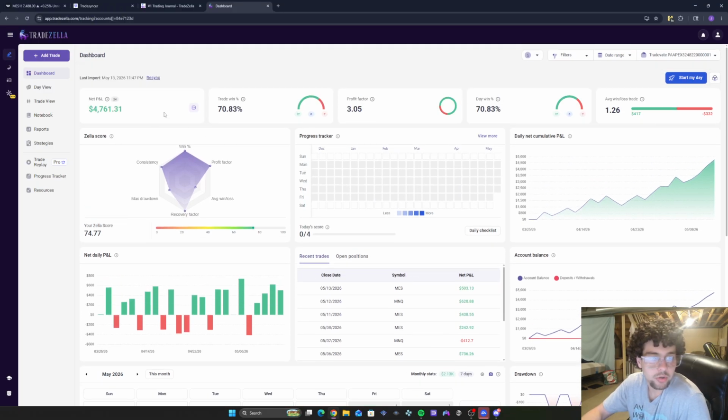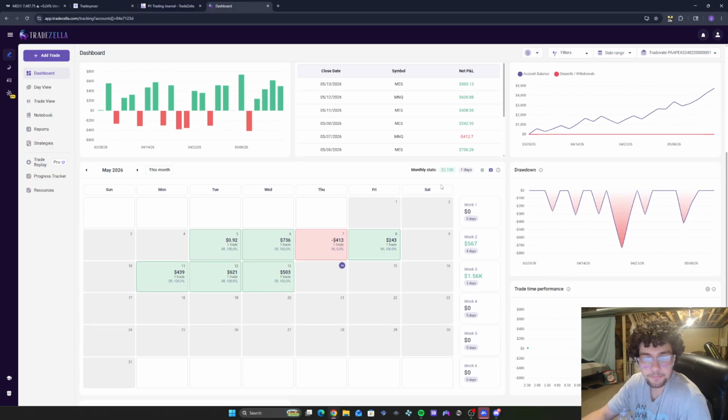But, oh yeah, I wanted to show this as well. This is currently on the Apex prop account. It doesn't technically have the payout information that I took out a certain amount, but so far on the prop account, this is currently where it's at.